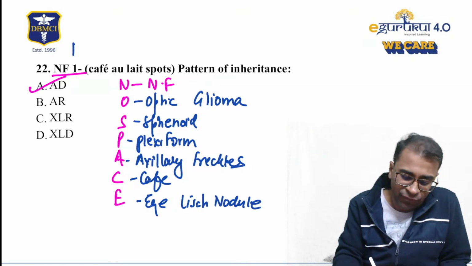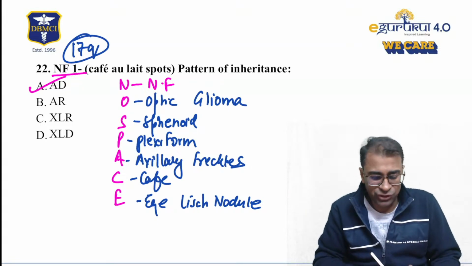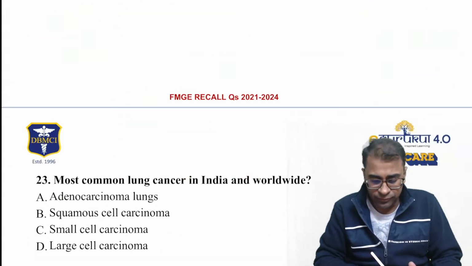NF1 is on chromosome number 17, long arm. Okay, next question.